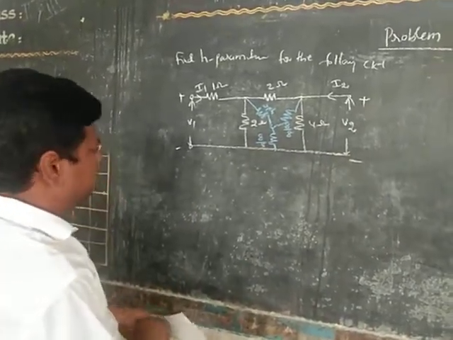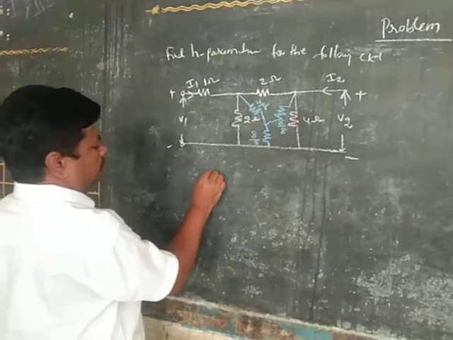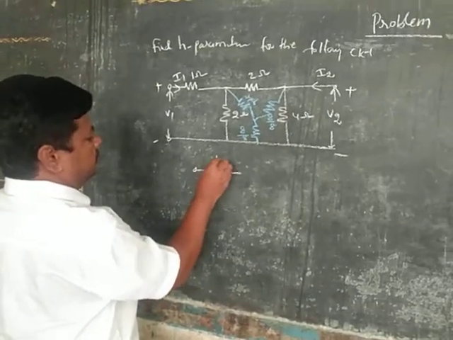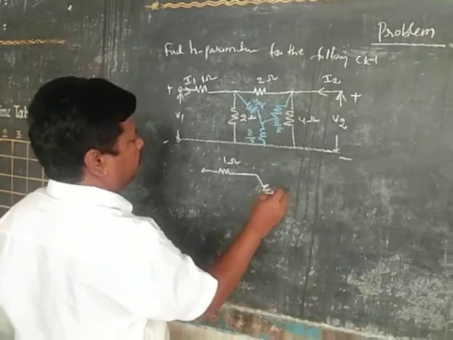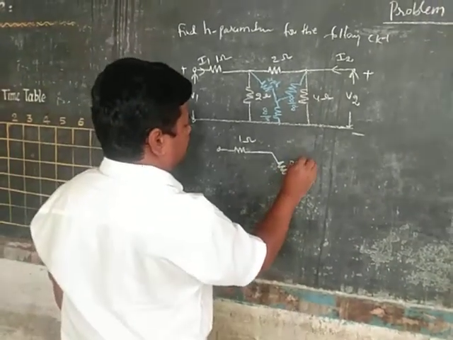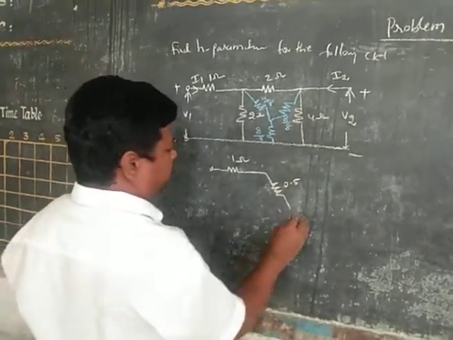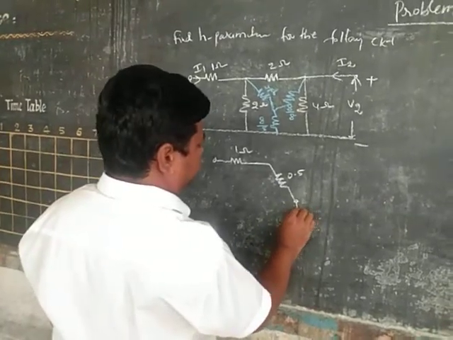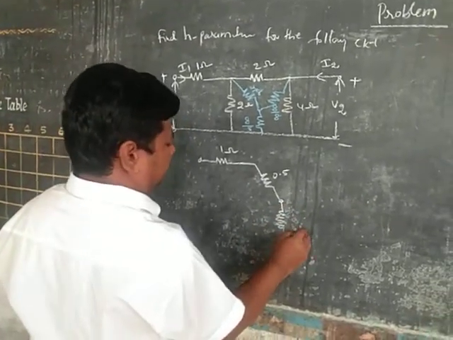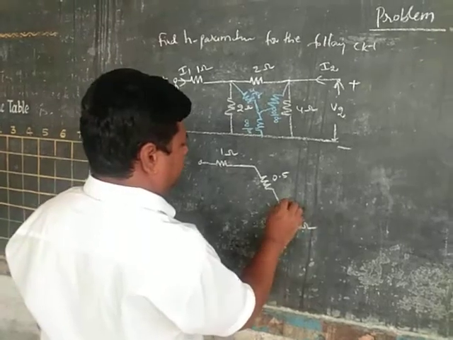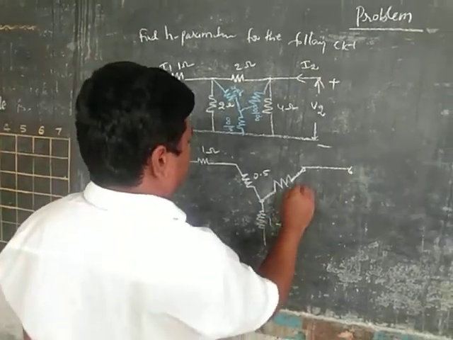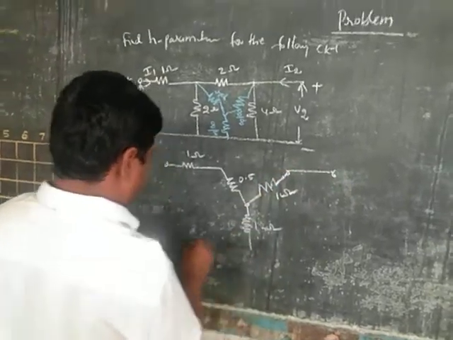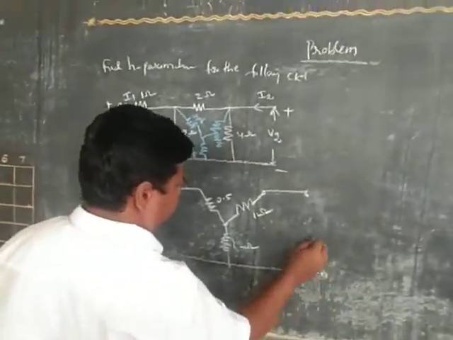Now draw the equivalent circuit. The equivalent circuit has 1 ohm, 4 by 8 which is 0.5 ohm, another 1 ohm, and another 1 ohm. Now this is the circuit.